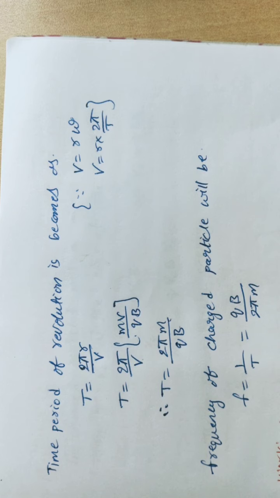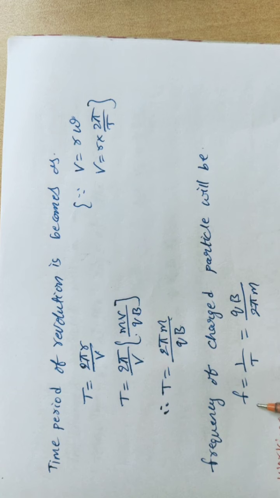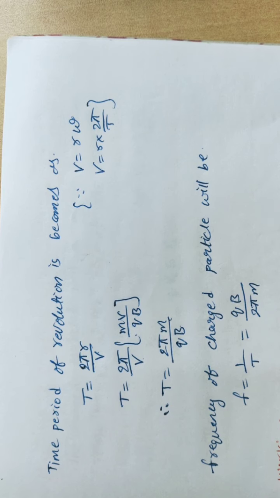After this we want to discuss frequency. One more thing, we have one fundamental relation: frequency and time period are always reciprocals of each other, meaning f is equal to 1 by the time period, or 1 by capital T. Then this equation can be written as qB divided by 2 pi m.